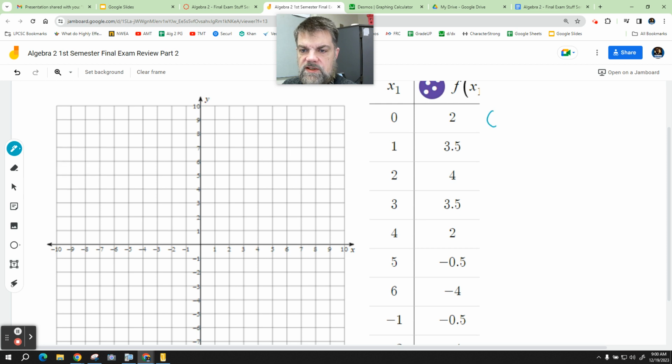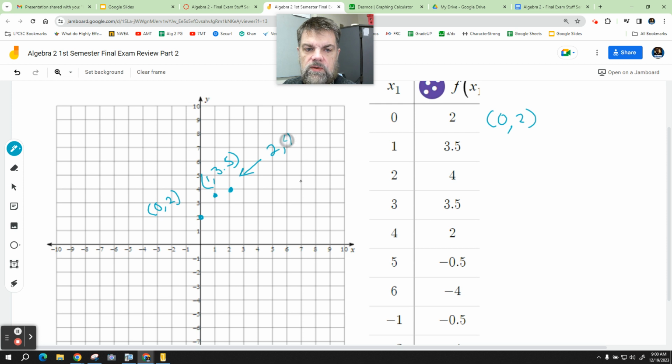So this is 0, 2, y-intercept of 2. And at 1, I've got 3.5. The next one is 2, 4, which is right here.